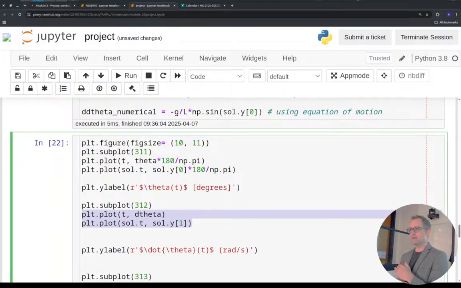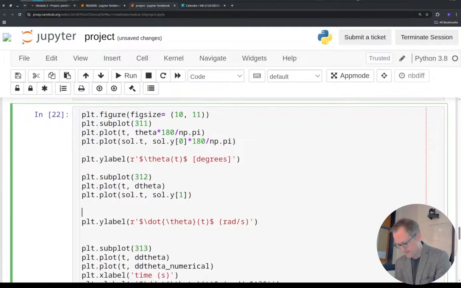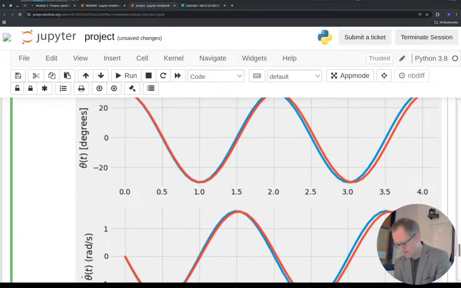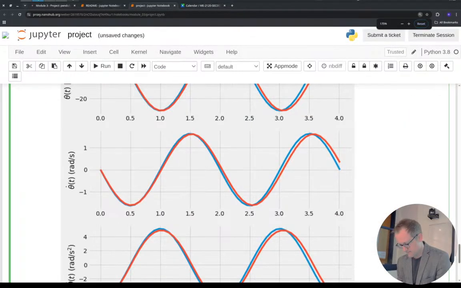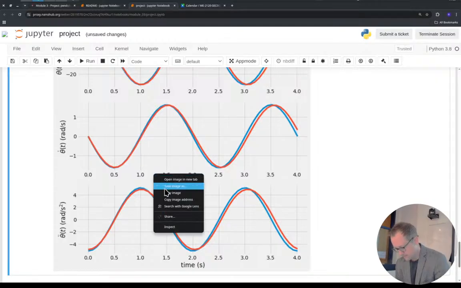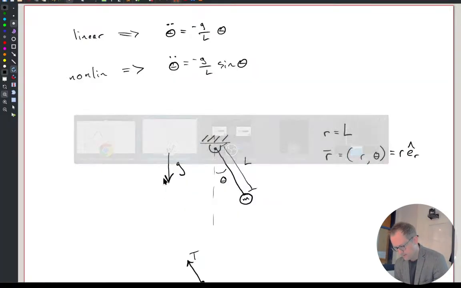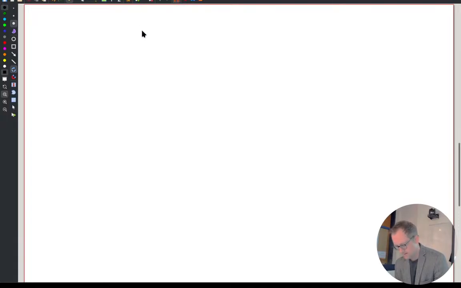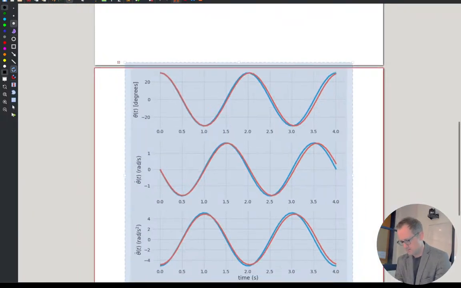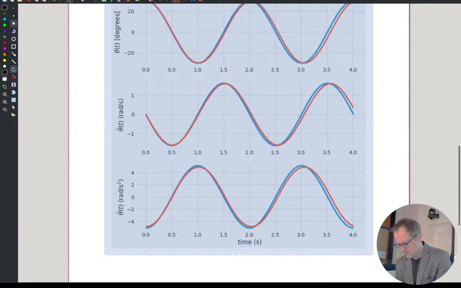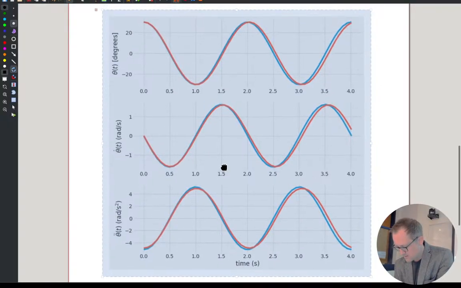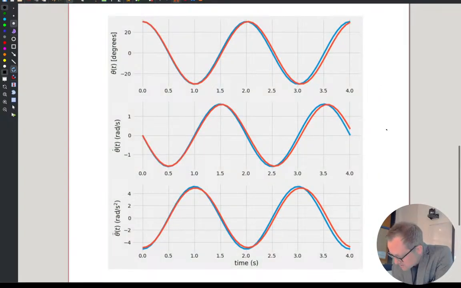Oh, you switched the order. Yeah, because blue is always your first plot, red is your second plot. We put one of the statements before the other. So blue is linear.